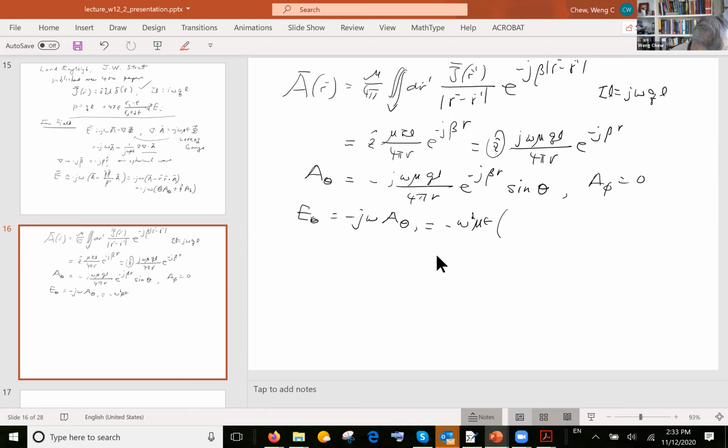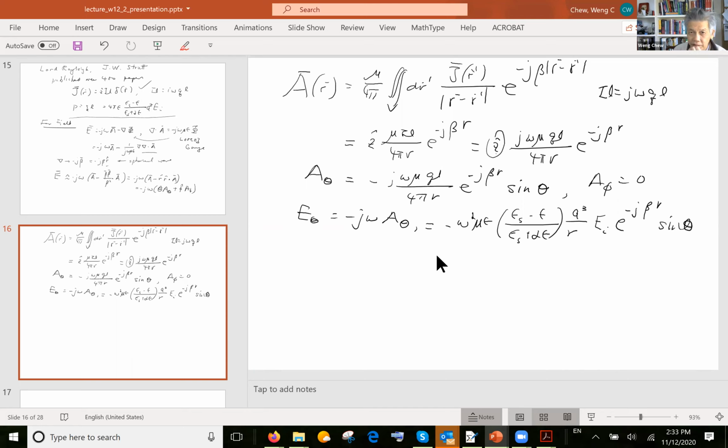Omega epsilon s minus epsilon over epsilon s plus 2 epsilon, times a cube over r square, r, actually just r, sorry. You will just get this as your expression with the sine theta term out front. So E theta is going to be looking like that.